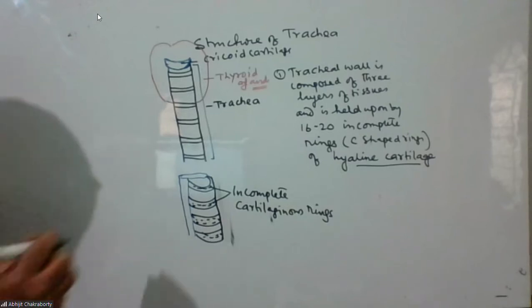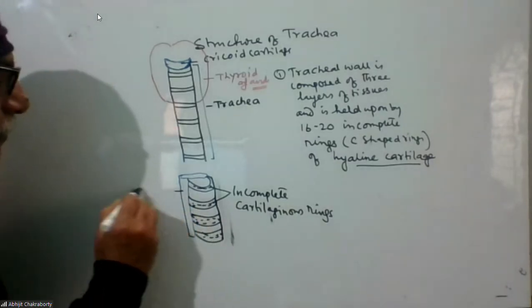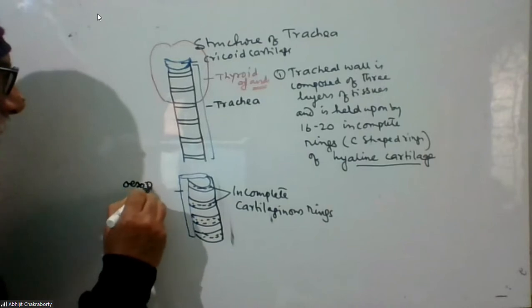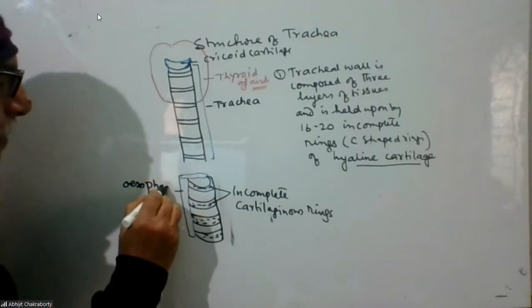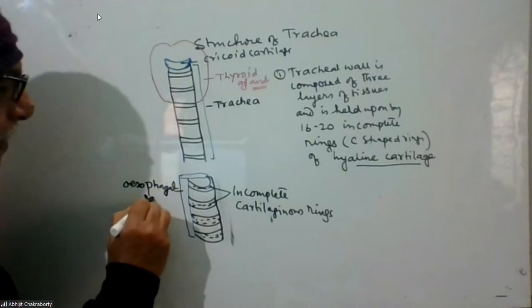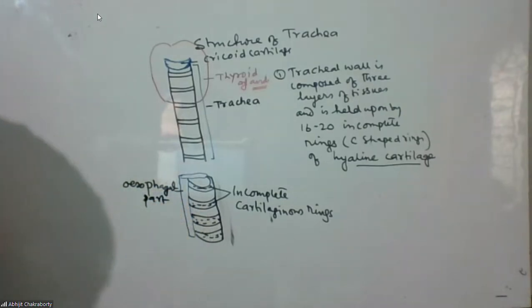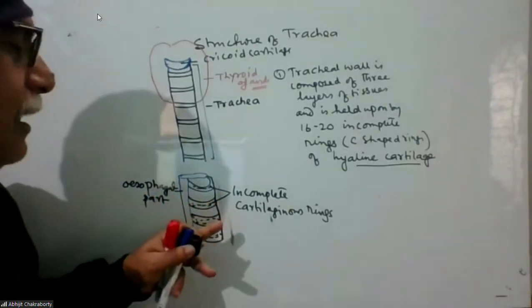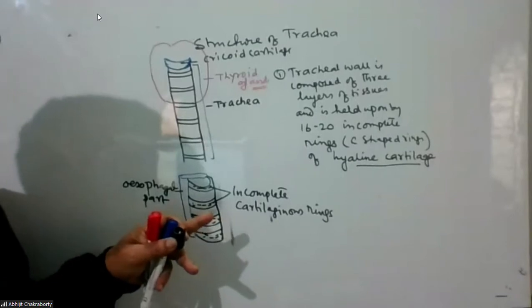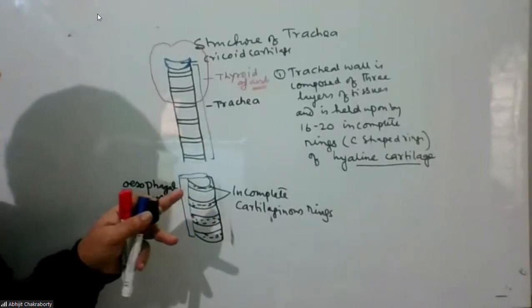And you know this is the esophageal part. The rings are incomplete posteriorly where it lies with the esophagus.